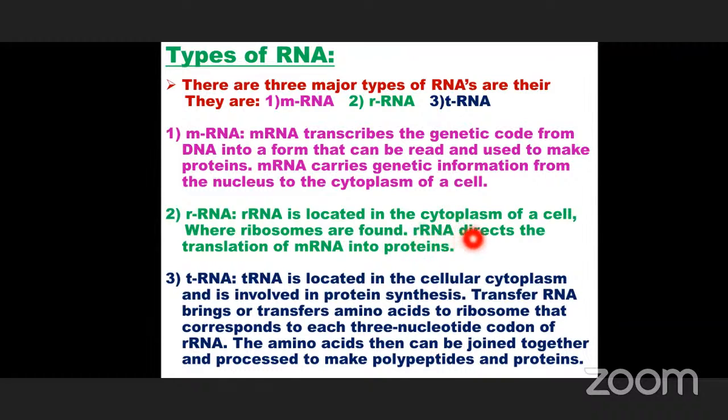This rRNA directs the translation of mRNA into protein. Is it clear? It is about rRNA.